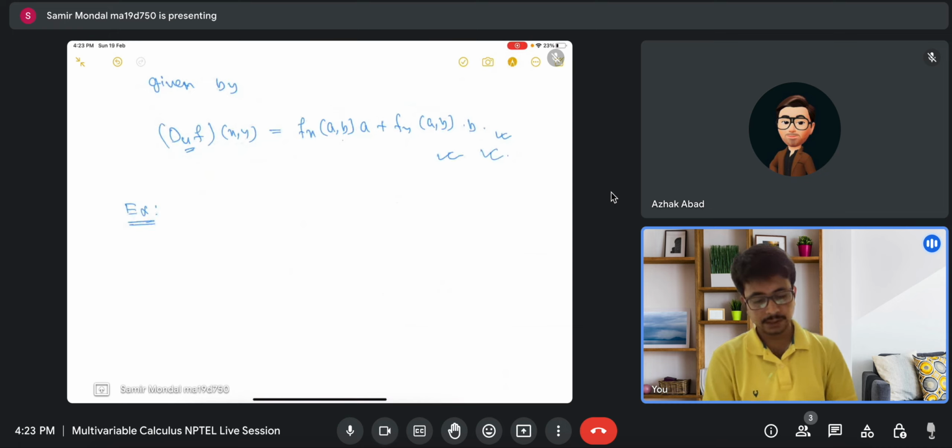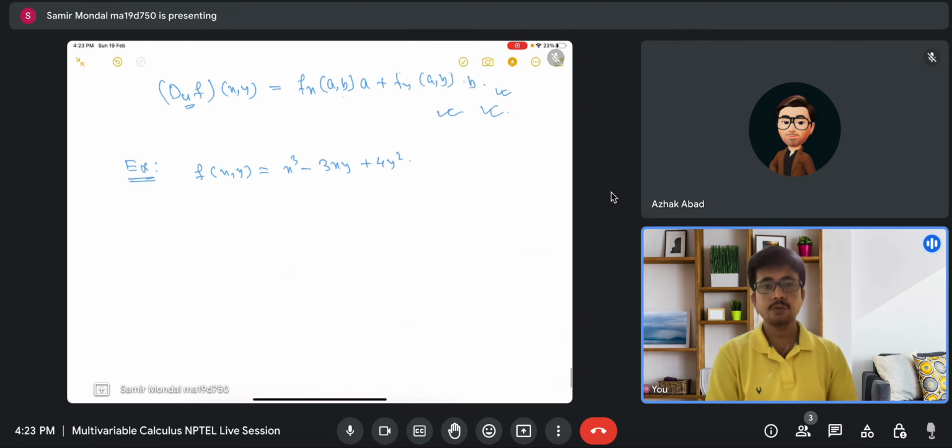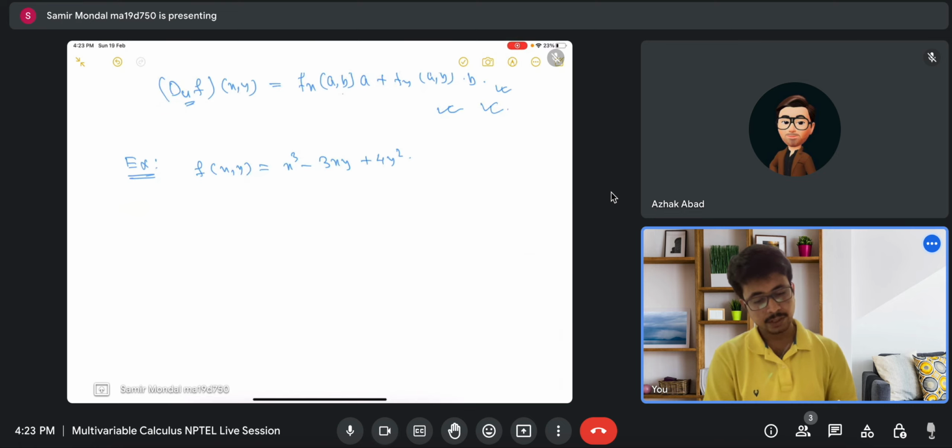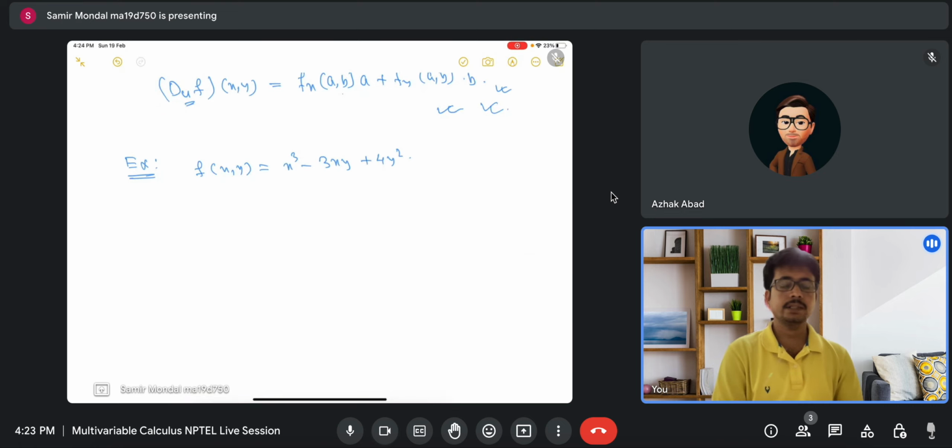Your function is given by x cube minus 3xy plus 4y square. This is your function. You have to find the directional derivative of this function. In which direction?